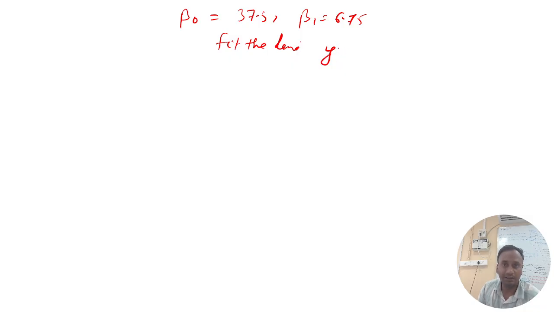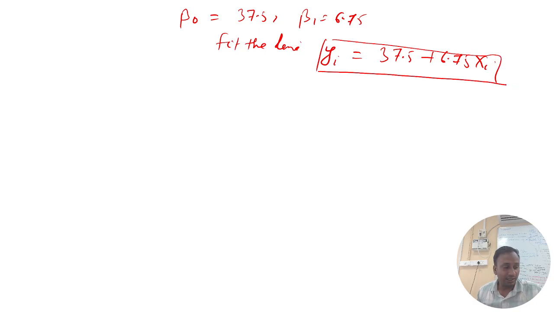Now we got beta naught equal to 37.5 and beta 1 equal to 6.75. Now we can fit the line: yi equals 37.5 plus 6.75 xi. So this is our best fit line.